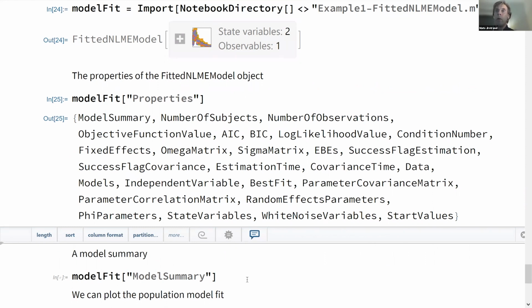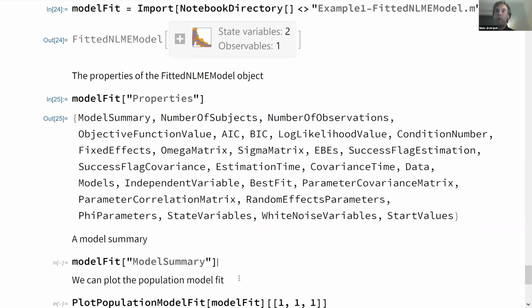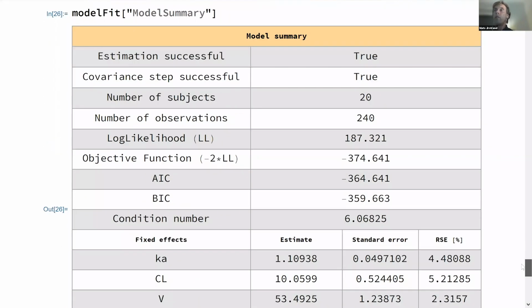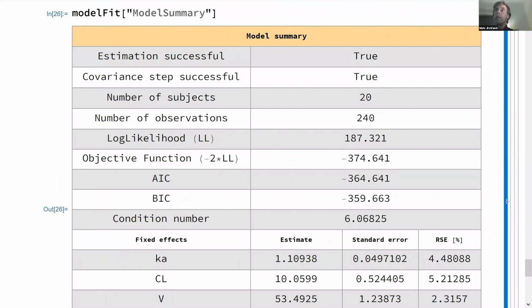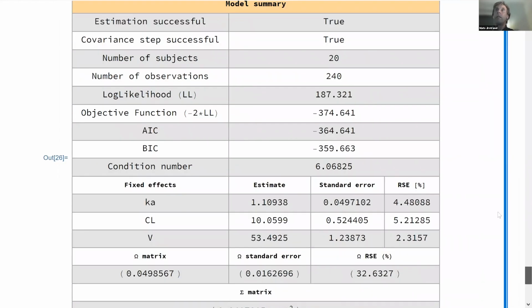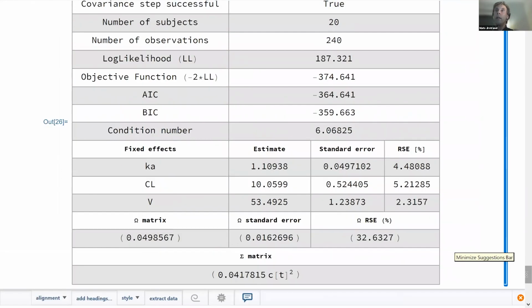One of the most useful things for presentation purposes is the model summary table. Here you can have quite a large informative table on this particular run. You can read off a number of metrics for the log likelihood and information criteria and stuff like that.